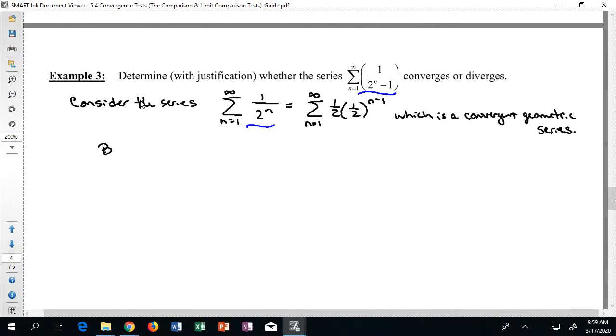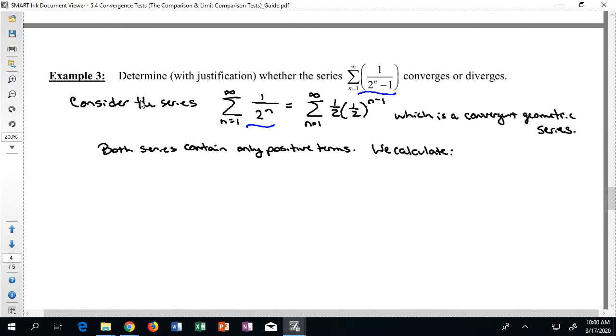Okay, so I can see here that both series very clearly contain only positive terms. That's pretty obvious. No big mystery there.